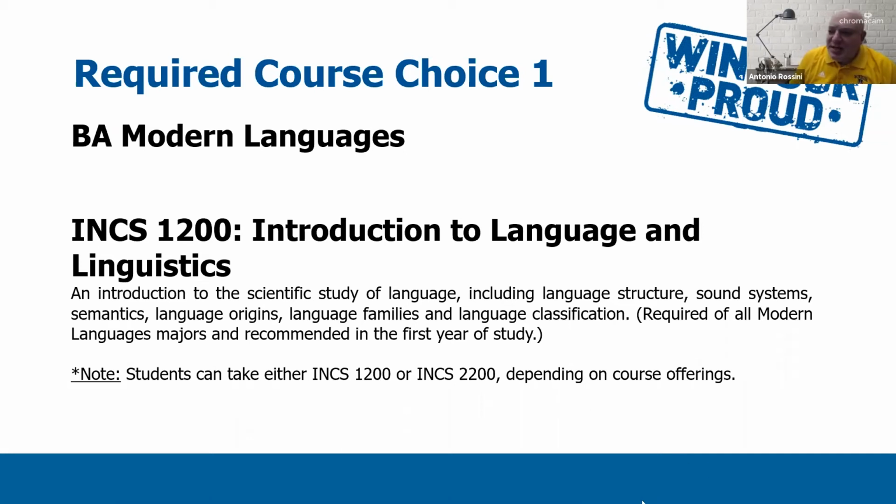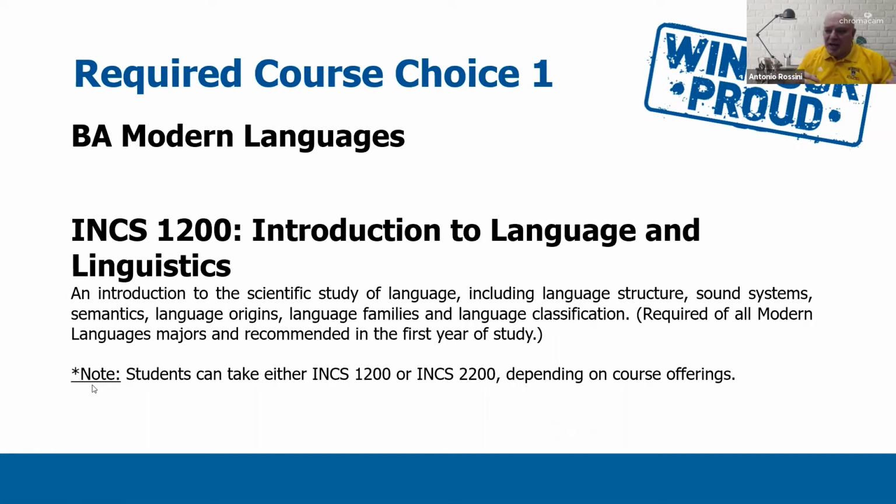Now we get into the more specific courses of modern languages. In certain years, you find this one. We call it INCS 1200, Introduction to Language and Linguistics, or as you can see at the bottom of the paragraph with an asterisk note, students can also take INCS 2200, if in that year the two courses have been inverted.